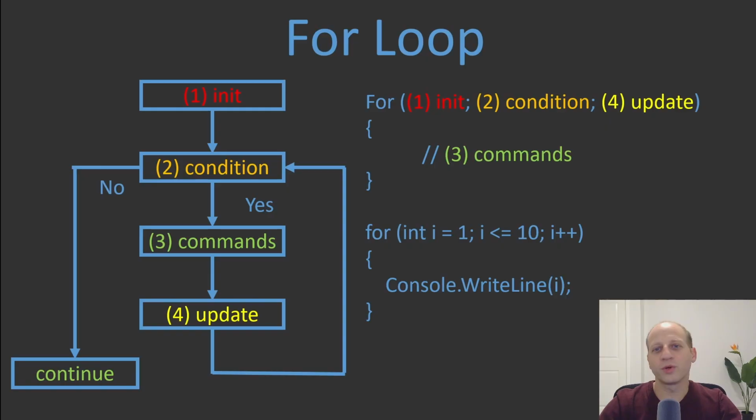Then we run the update part, which increments I by 1. And now again, we go to the condition part and see that I is still less than or equals to 10. So we enter the loop. At some point, we update I and it becomes 11. Then we check the condition, which is not met. So we exit the loop and continue with the commands after the loop.